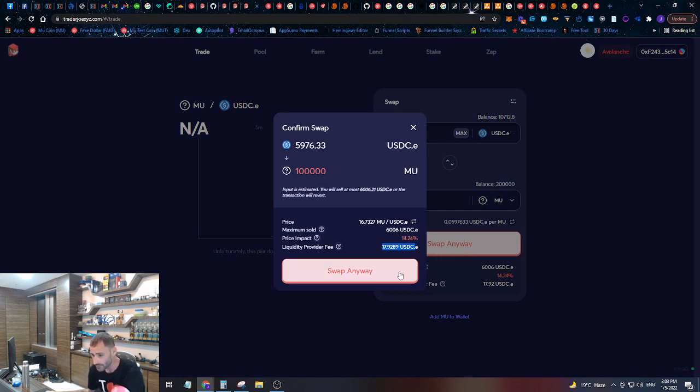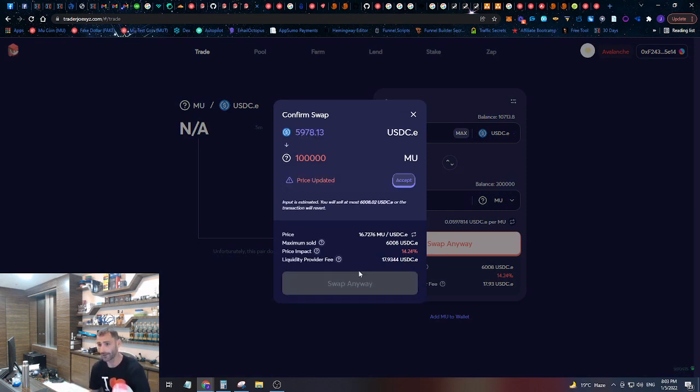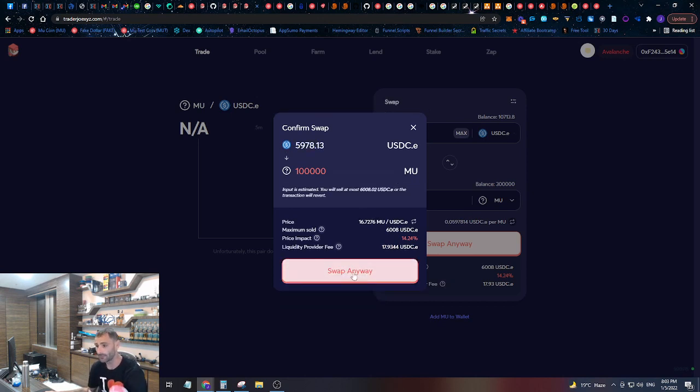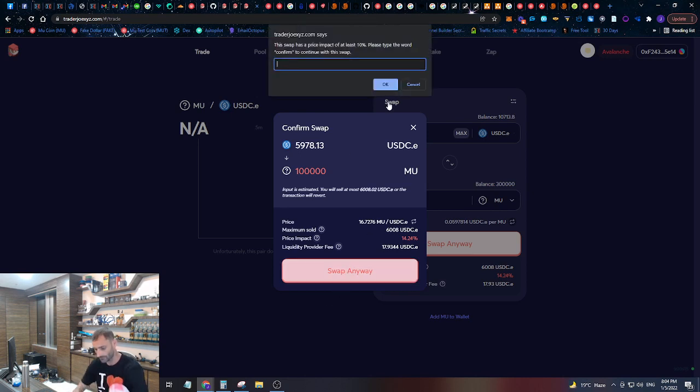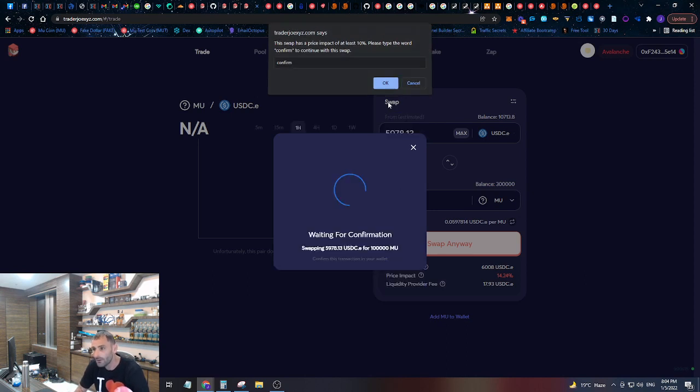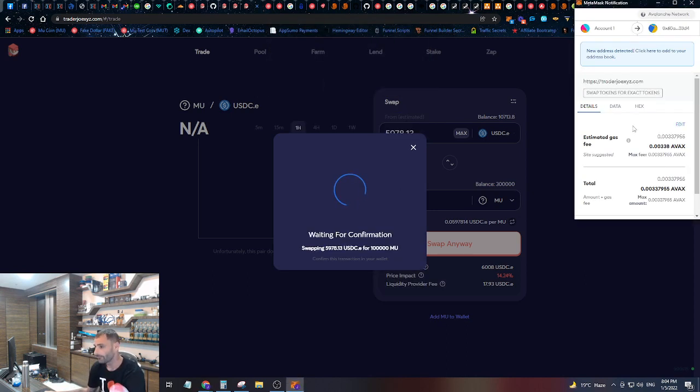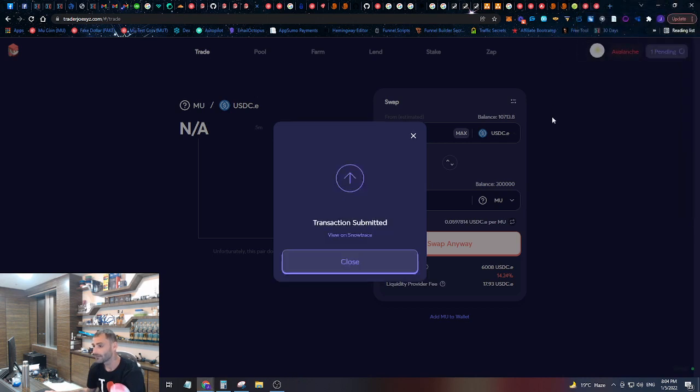This transaction fee right here is a fee being earned by the liquidity provider, which ends up being the mu DAO, who is going to get all those transaction fees. So there's a reason you'd want to be part of the mu DAO. Now I'm going to go ahead and confirm.